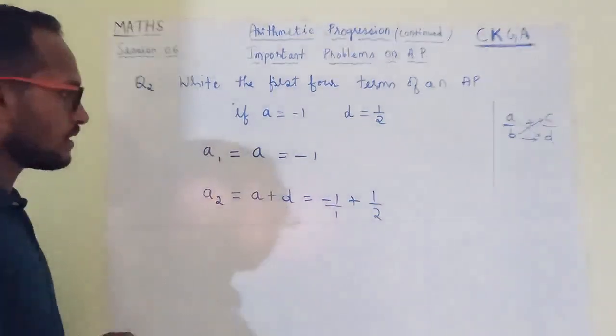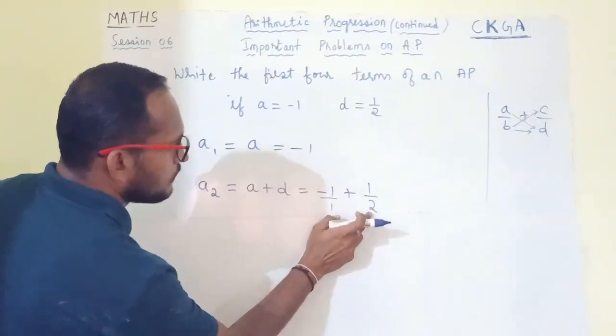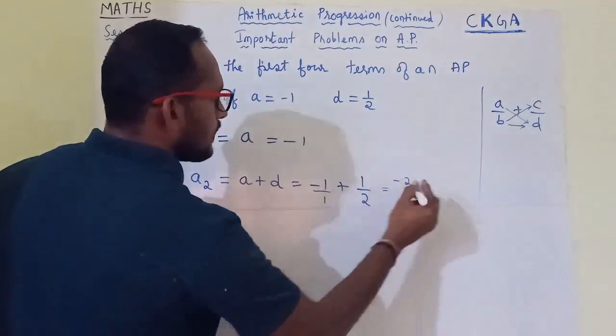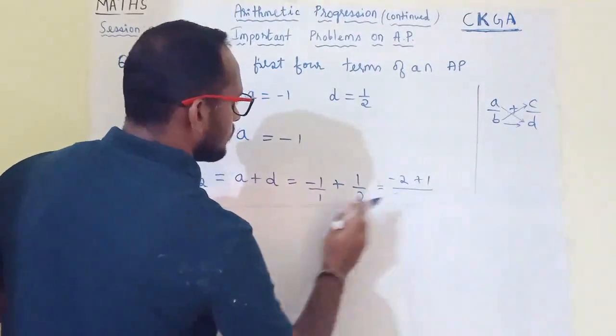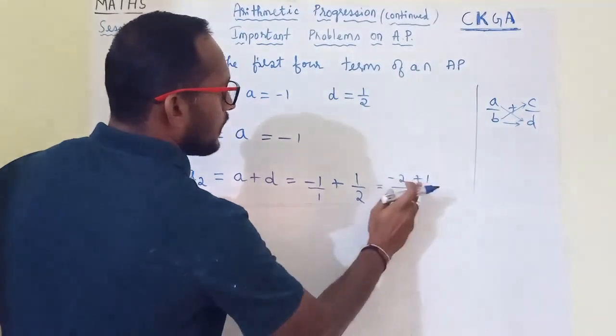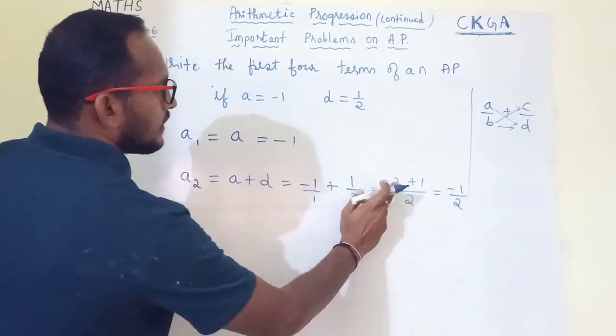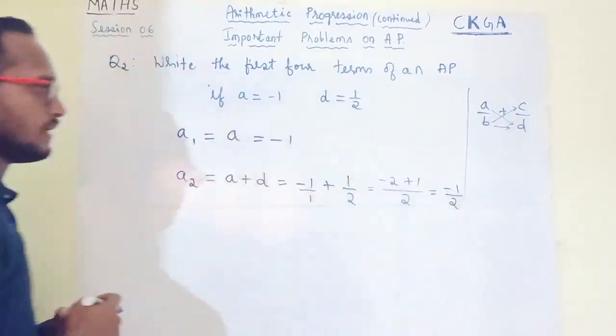Minus 1 into 2 is minus 2, 1 times plus 1 is plus 1, divided by 1 times 2 which is 2. Minus 2 plus 1 is minus 1 by 2. The greater number is 2, so the sign is minus, and the answer is minus 1 by 2.